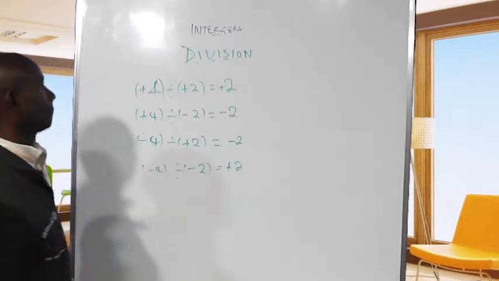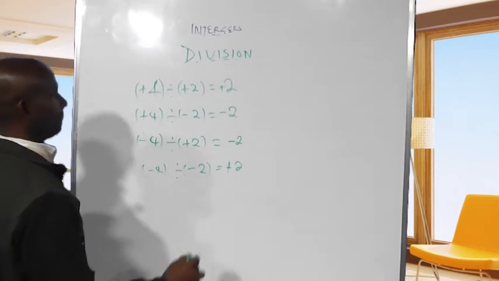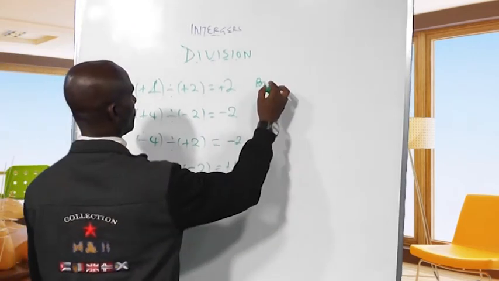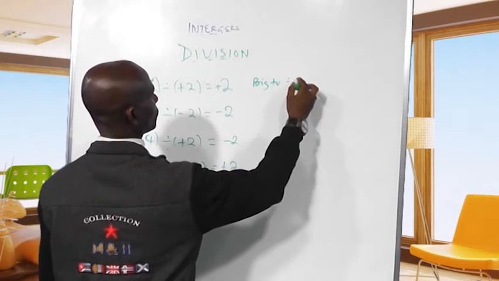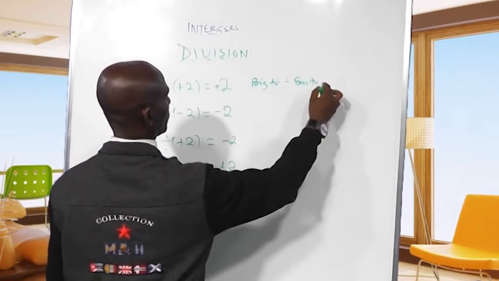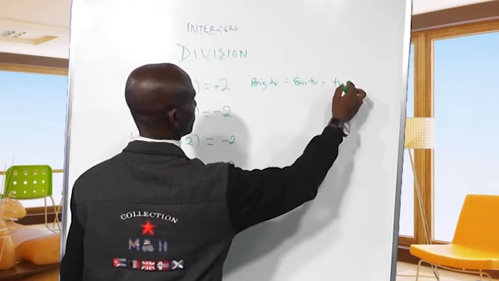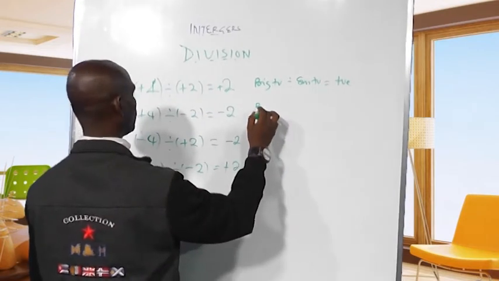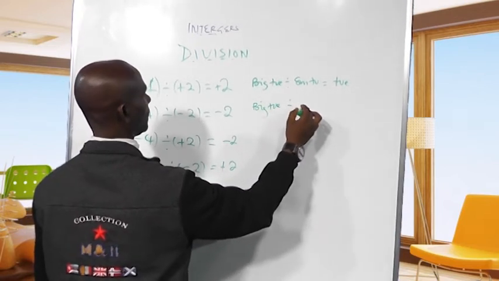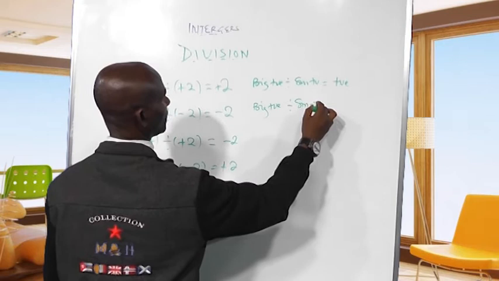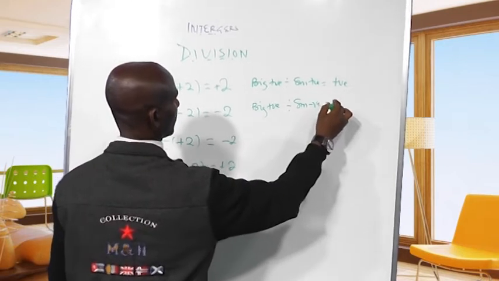In summary, we'll have here a big positive divided by small positive. We have positive. Here we have a big positive divided by a small negative. Our answer is negative.